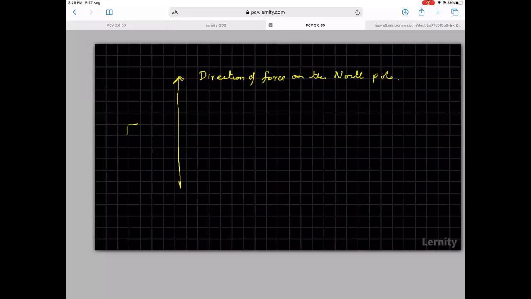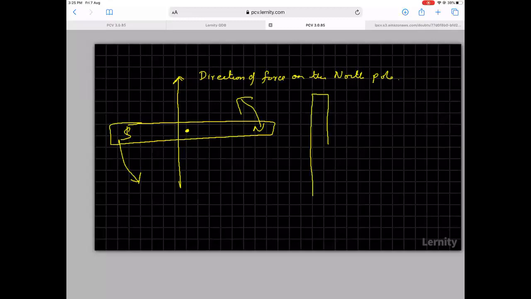Now suppose you keep a bar magnet here, such that this is South Pole, North Pole. It is free to rotate about its center. So the North Pole will tend to go that way and the South Pole will tend to come this way, so that ultimately the magnet will align itself in the direction of the external magnetic field. So this is the North Pole, this is the South Pole.